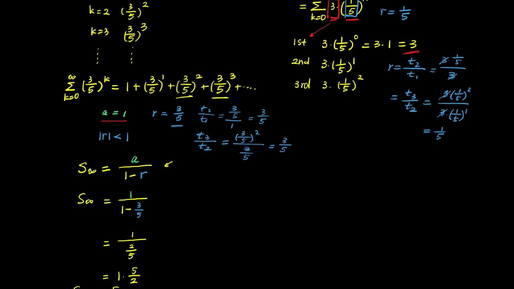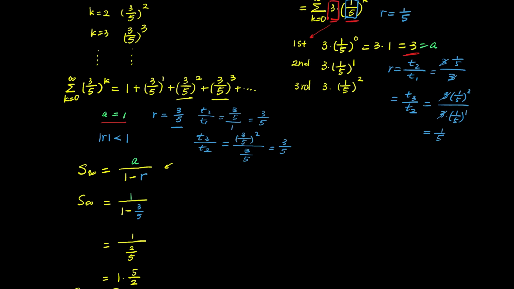As long as we have the value of the first term, a equals 3 and r equals 1 over 5, we can evaluate the sum of the series by plugging them into the formula. So we have S infinity equals a divided by 1 minus r, which equals 3 divided by 1 minus 1 over 5.